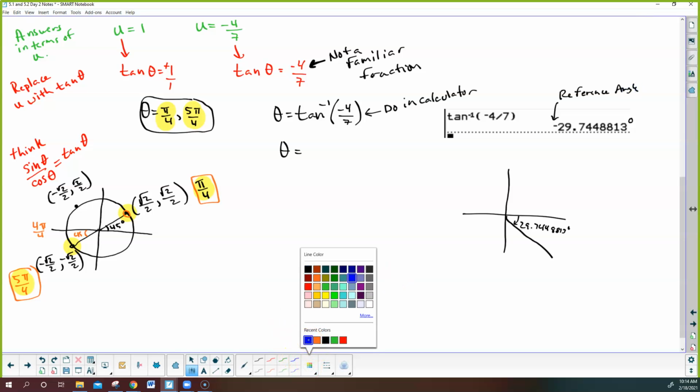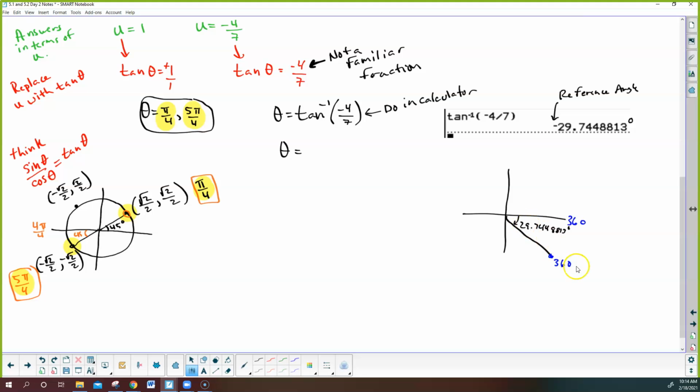And we want our answer to be between 0 and 360. So to figure out where this location is, I need to take the 360 and I need to subtract this reference angle. Because that will give the answer in positive values.